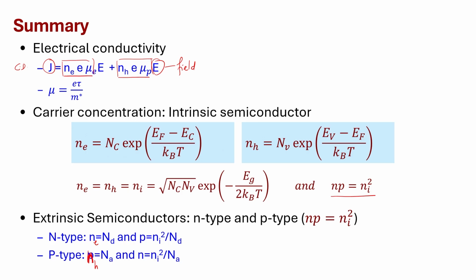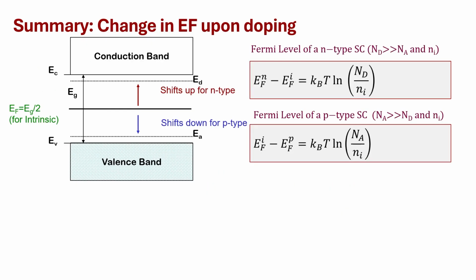For an n-type semiconductor, using this equality of NeNh equal to Ni square, we can write Nh to be equal to Ni square divided by Nd, and for p-type Ne is equal to Ni square divided by Na.